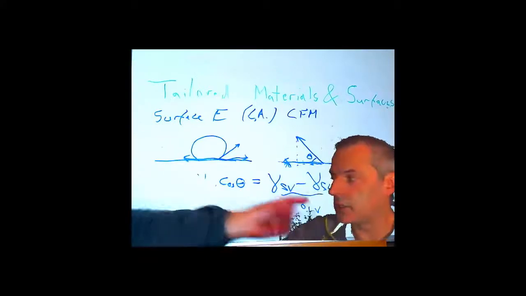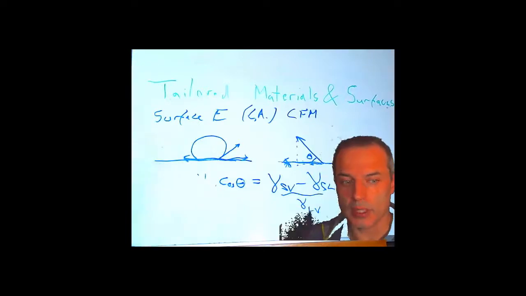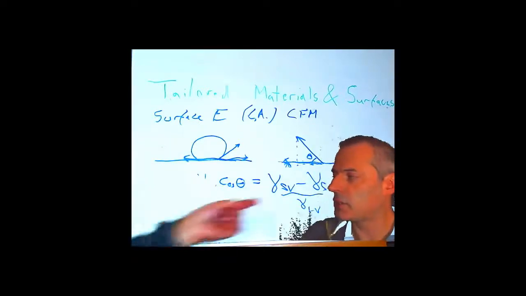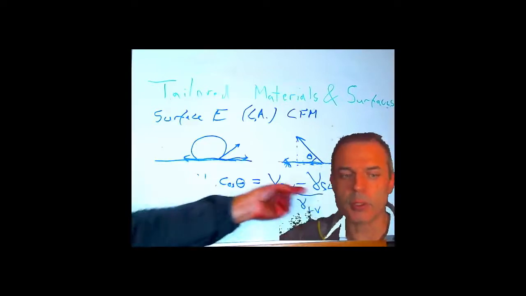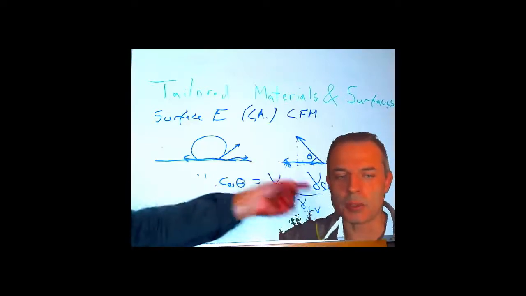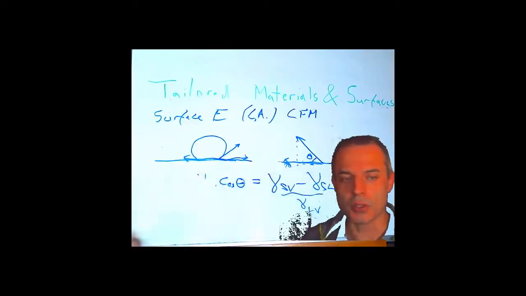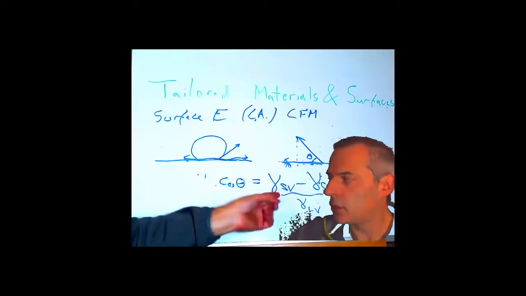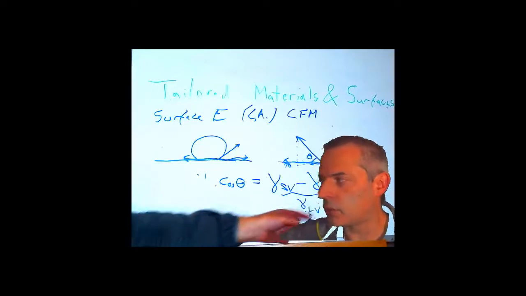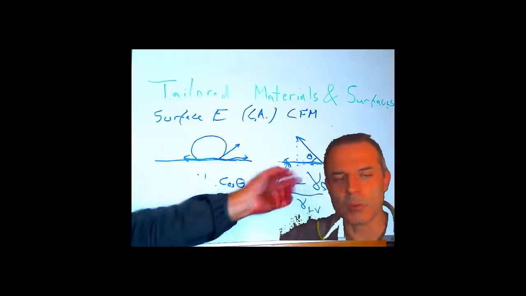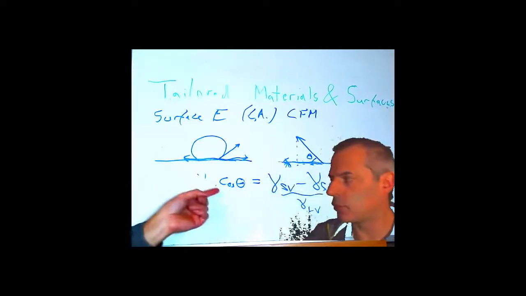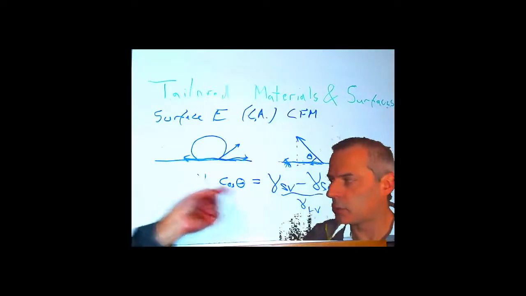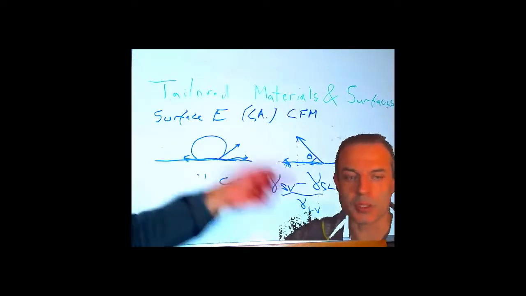Practically, it's easy to measure the surface tension of a liquid, or easy-ish. We can look them up in tables because they've all been measured. It's practically difficult to measure these two, but we can determine the difference between the two, which is useful. And if we use different liquids and we know the value of the surface tension, we can get more information about it from how this behaves when we change this.